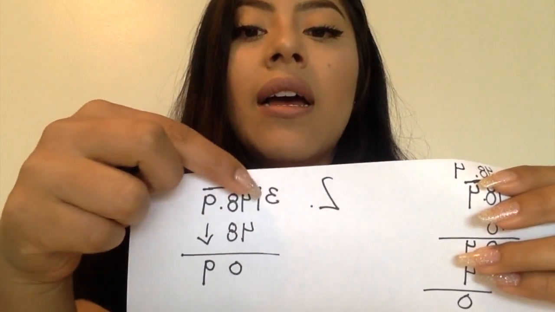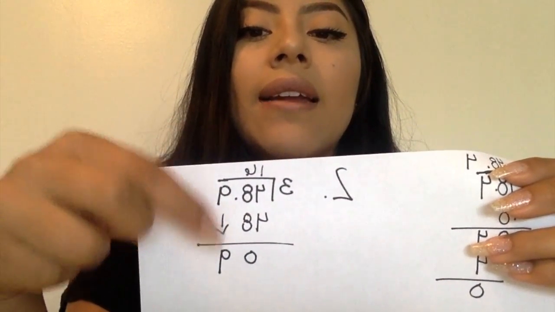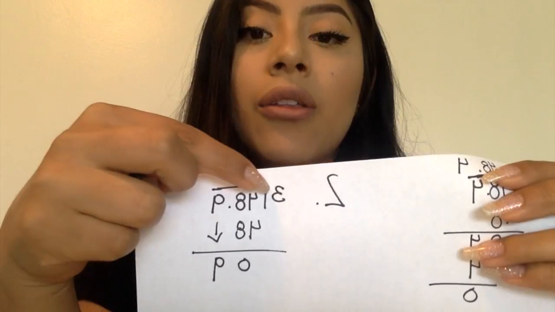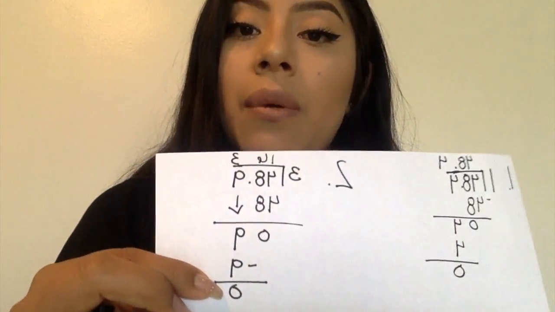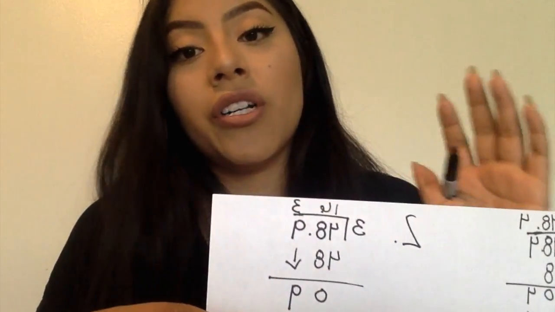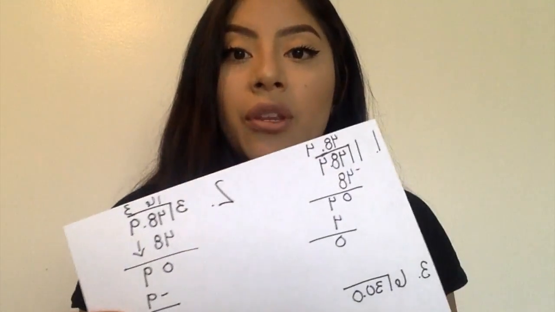So now let's look at 3 and 9. How many times can 3 go into 9 equally? That is 3 times, correct. Let's go ahead and write our 3 up there. We subtract by 9 and look, we're now at 0. So again, remember, if we hit 0, we stop there. We no longer do anything. We're done with the problem.